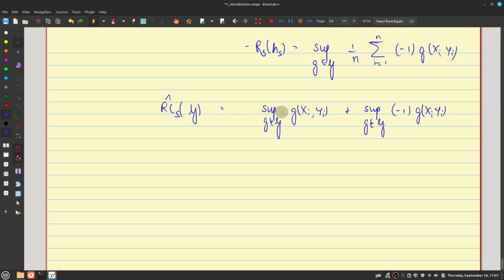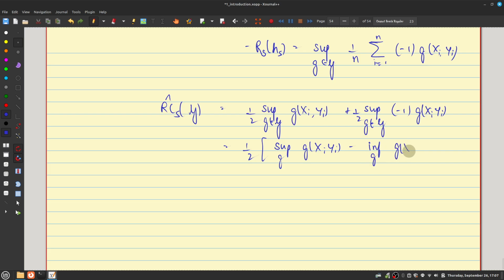So that would be the supremum minus the infimum of g of xi yi in this special case. There's a 1/2 prior as well, so times half. So this would be half of the supremum over g of xi yi minus the infimum over g of xi yi.